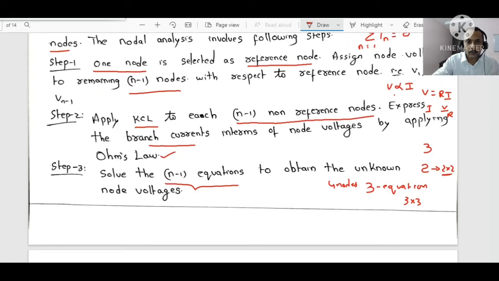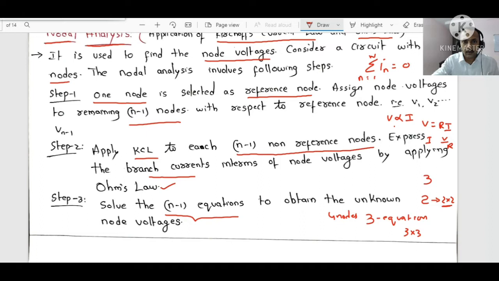Right? So I repeat again, dear students. First step, take one node as a reference node and remaining nodes as non-reference nodes. Second step, apply KCL to each of the n-1 non-reference nodes and apply Ohm's law to express the currents in terms of node voltages.